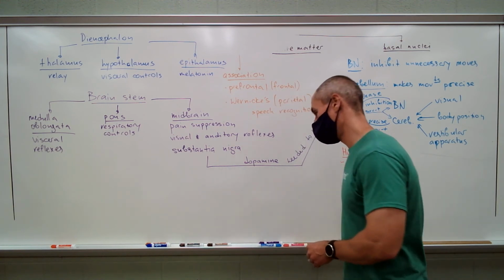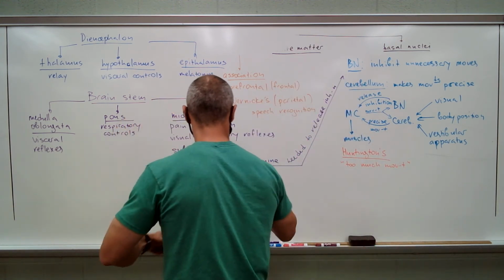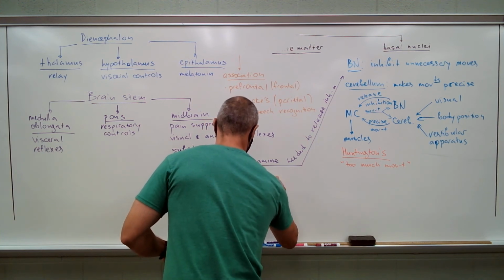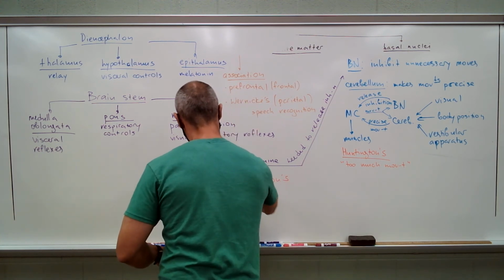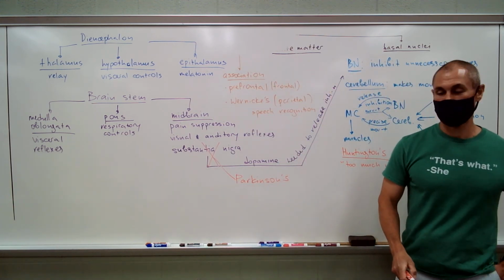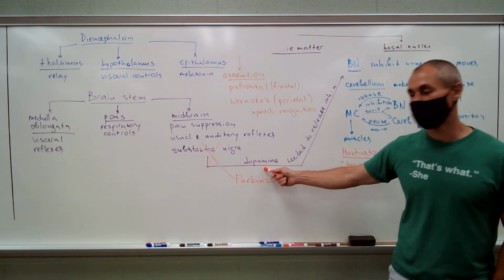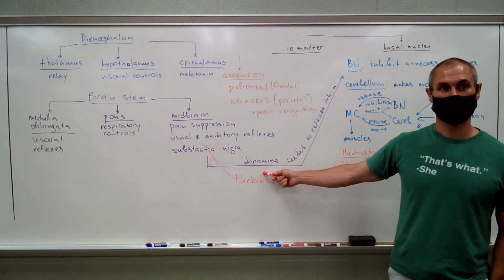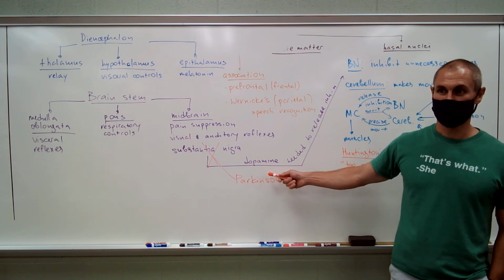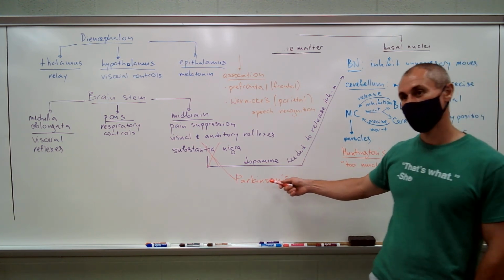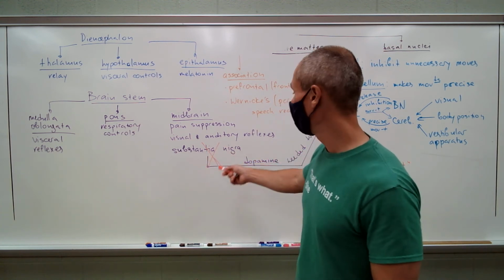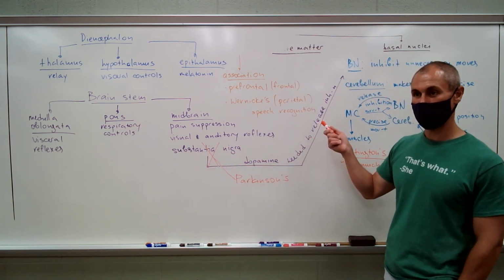However, in the disease that everybody knows too well, Parkinson's disease, the neurons that produce dopamine are dead. Now, check this out. These dopaminergic neurons, they're called dopaminergic neurons, do not produce dopamine.